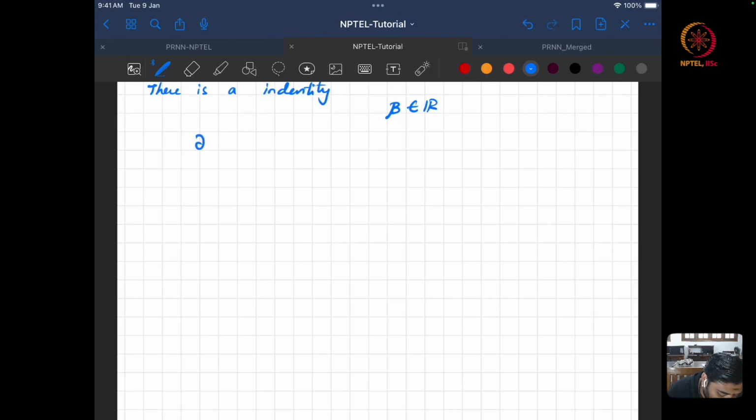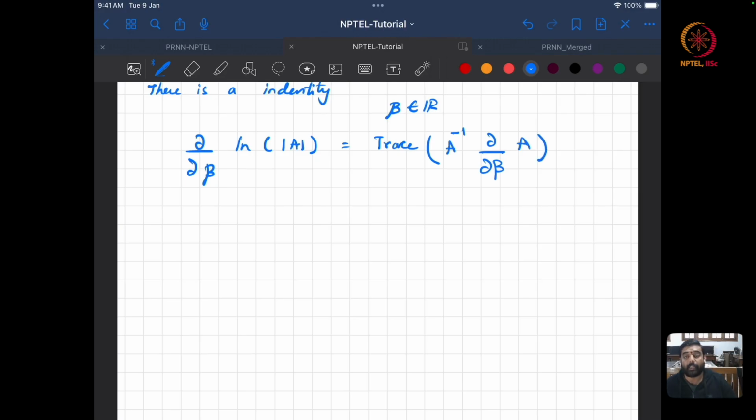Now if I have beta of ln of this, then it is trace of A inverse. Okay. Now there is this identity. Now using this identity, now we will go ahead.